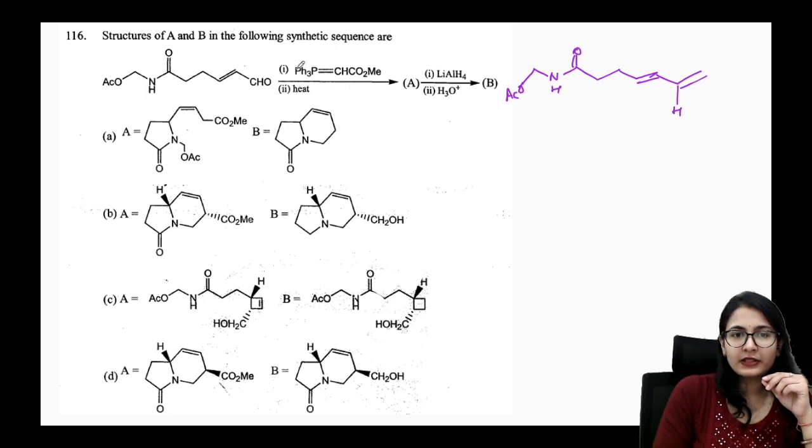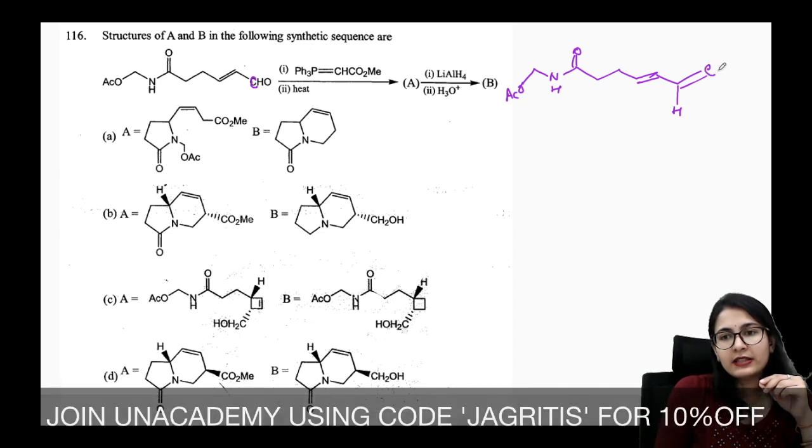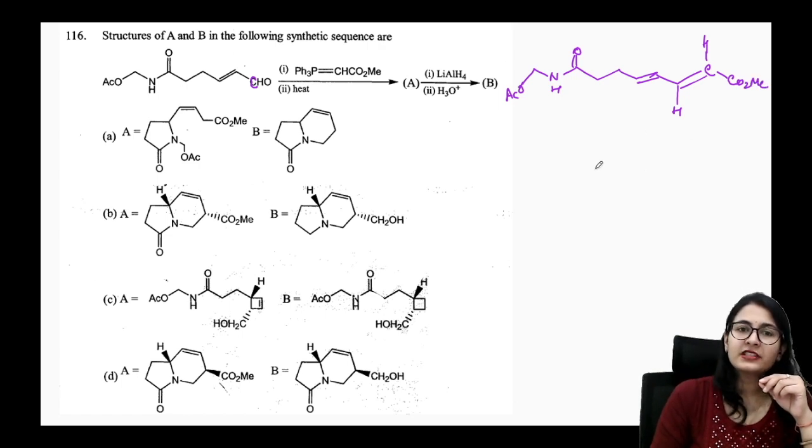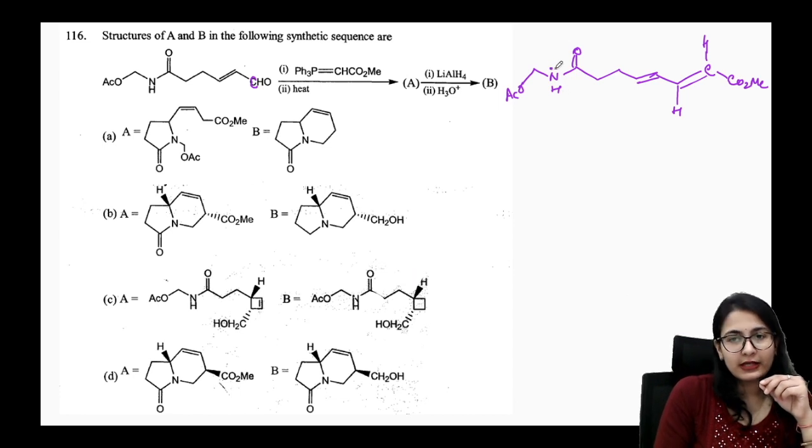This is your carbon, the same carbon, having a hydrogen over here. So I'm going to add one CH in this way and the CO2Me group like this. This is your molecule. Also, in the presence of heat, what happens? In the presence of heat, the acetate part of the molecule is going to eliminate, and you are going to generate this kind of a molecule. So how do I write it?